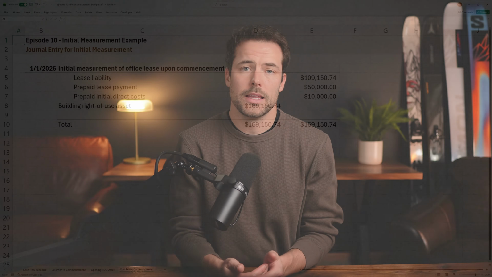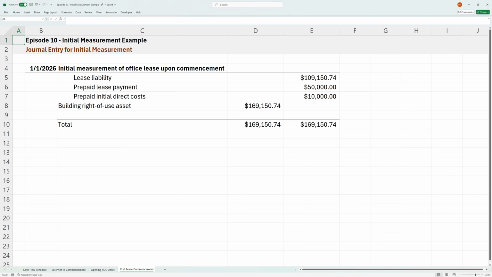Now with both our initial lease liability and opening ROU asset calculated, we're ready to complete our journal entry for the initial lease measurement on the lease commencement date of January 1st, 2026. And that looks like this. As we stated earlier, we'll credit our lease liability for the present value of our future lease payments, which totaled $109,151.